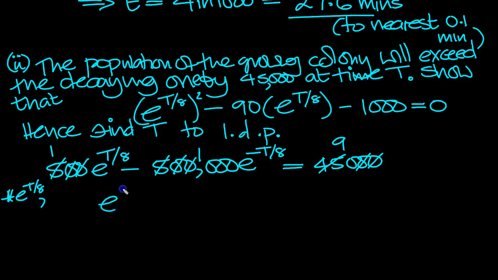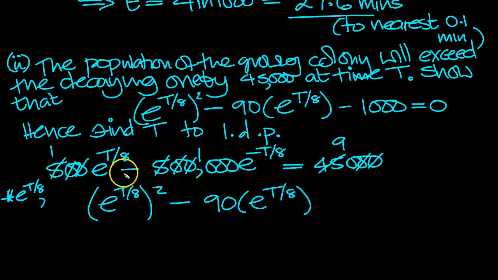So here we get e to the t over 8 squared minus 90, and we're multiplying by e to the t over 8, aren't we? Minus, when we multiply by e to the t over 8, this will be e to the 0 when you add the powers, so it's just minus 1000. And that will equal 0, which is what we wanted to show. Okay, we've done that then.